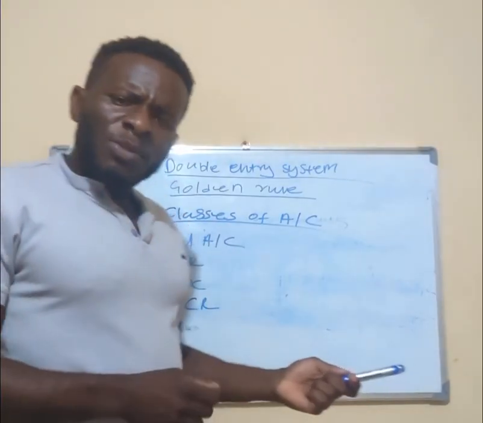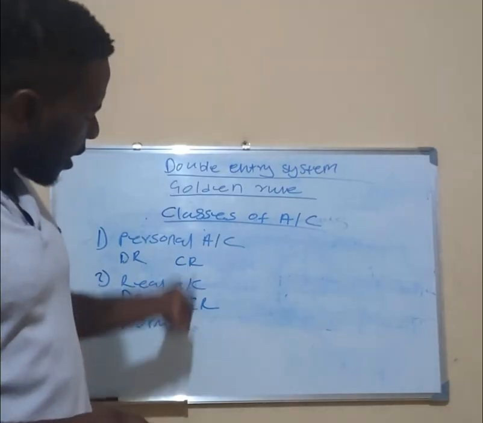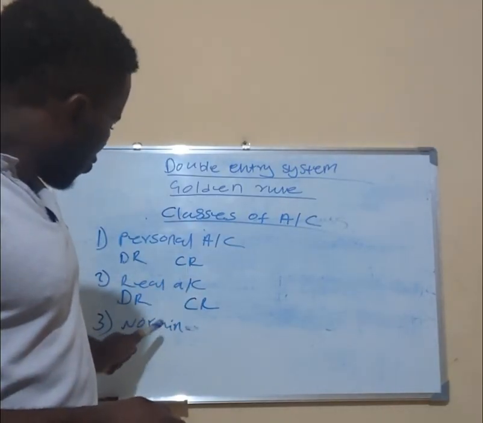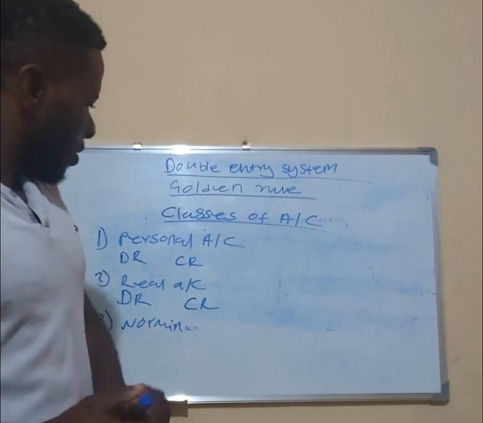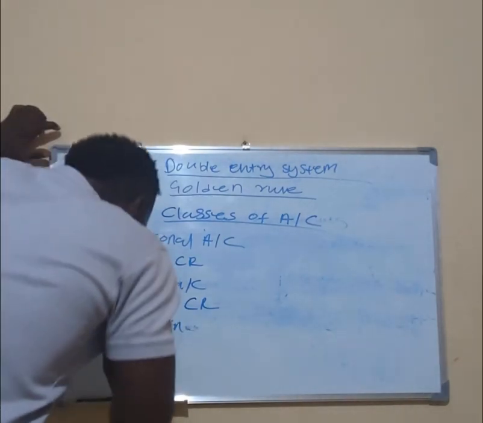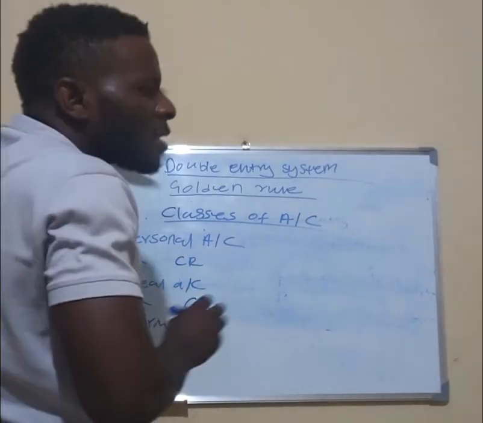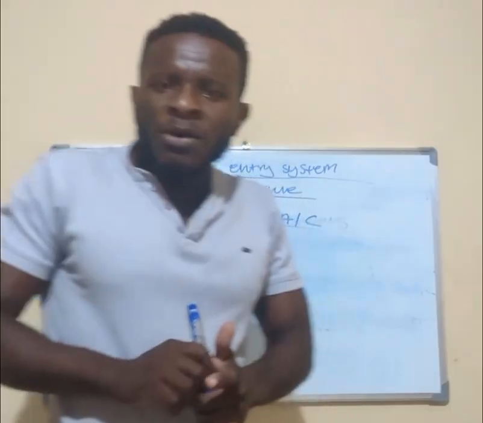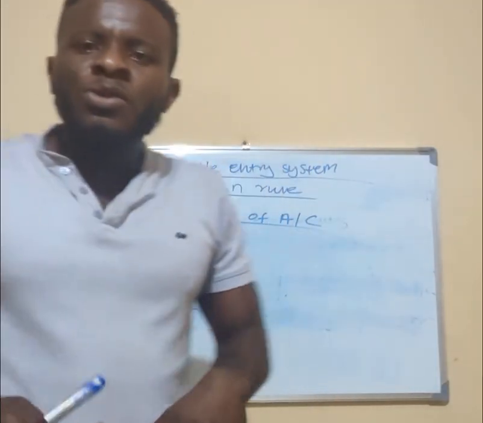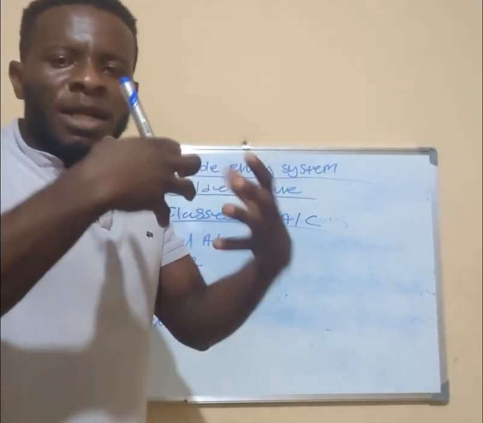So under this, what do we do? So the golden rule, this is how you should apply this golden rule on the nominal accounts. Under this, you debit the expenses. All the expenses should appear on the debit side of an account.